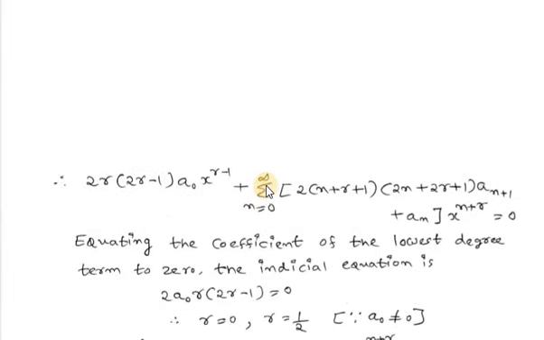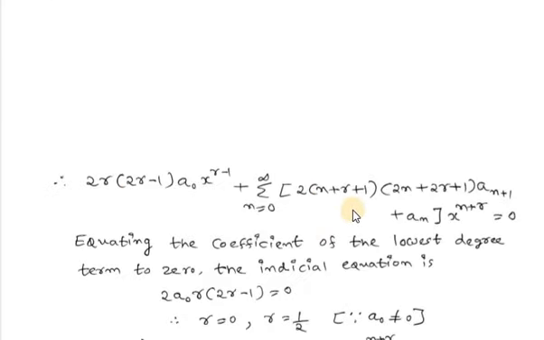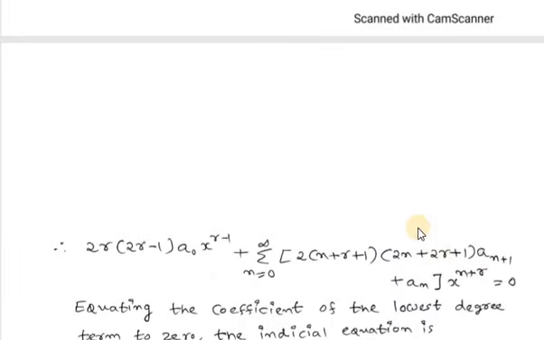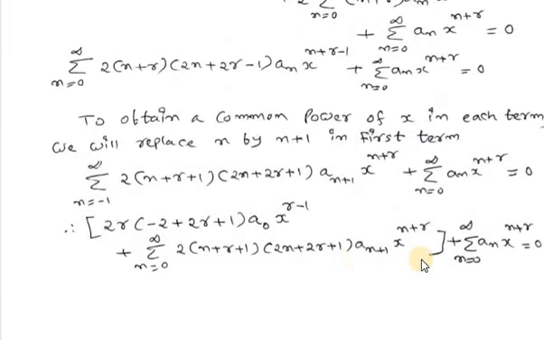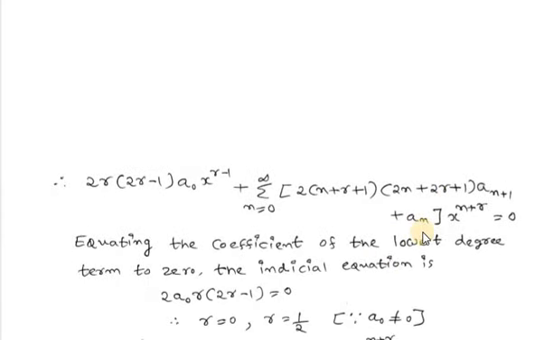So sigma n equals 0 to infinity, x raised to n plus r common. Into bracket we will have 2 times into bracket n plus r plus 1 into 2n plus 2r plus 1 into an plus 1, and finally plus an. And that is equal to 0.